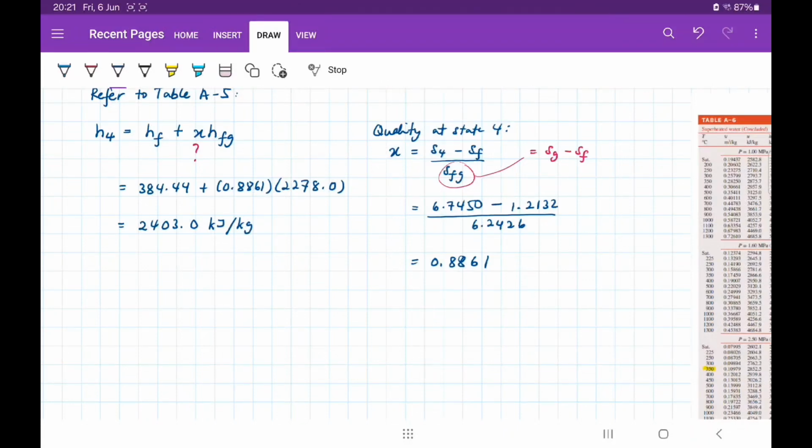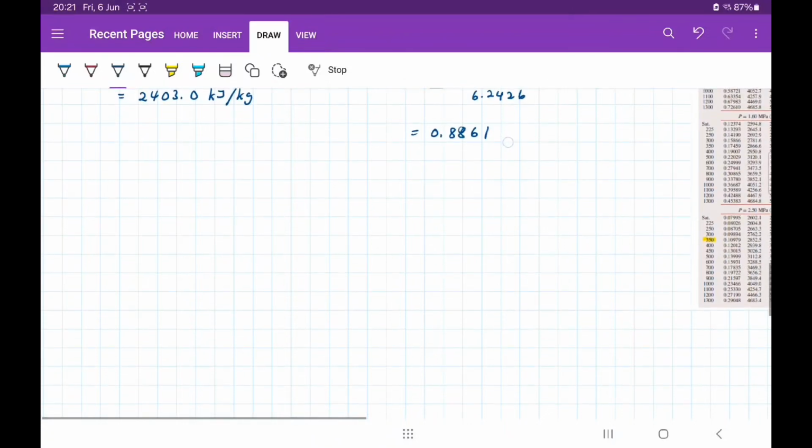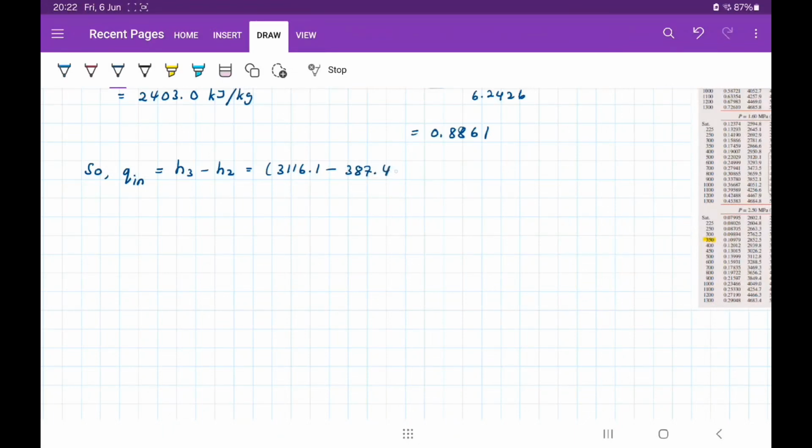So now you see that you already have the enthalpy at points 1, 2, 3, and 4. You can proceed to determine your heat in and also heat out. So heat in, Q in, is equal to H3 minus H2, which is 3116.1 minus 387.47 kilojoule per kg, and this equals 2728.6 kilojoule per kg.